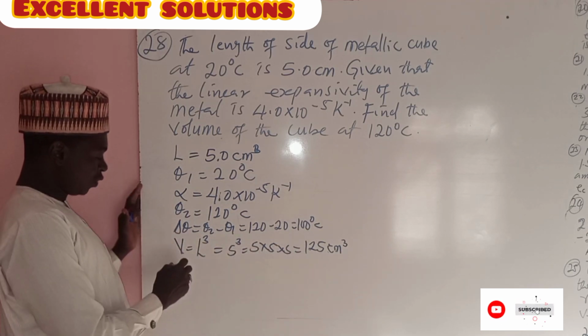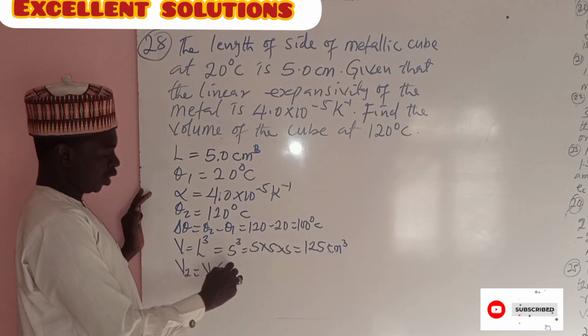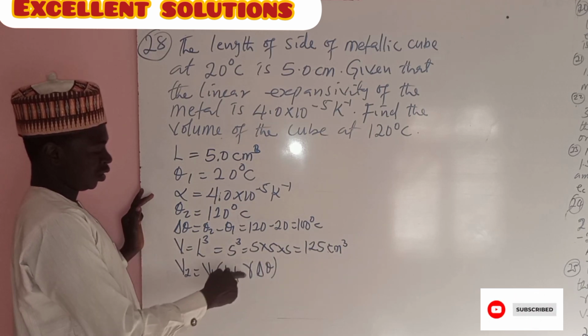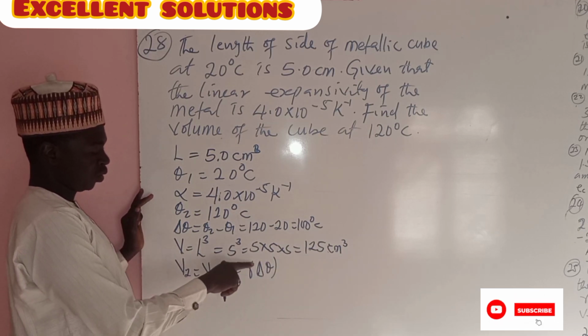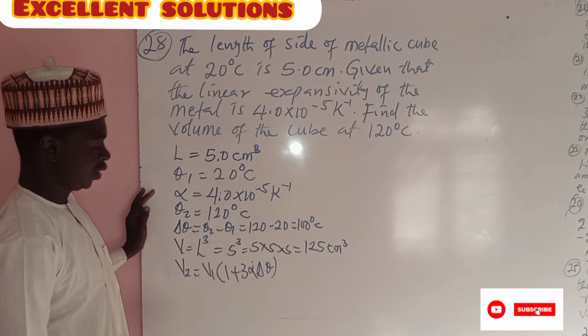We are looking for V2. We said V2 equals V1 bracket open 1 plus gamma delta theta, and this gamma is 3 alpha, so we now have 1 plus 3 alpha delta theta.